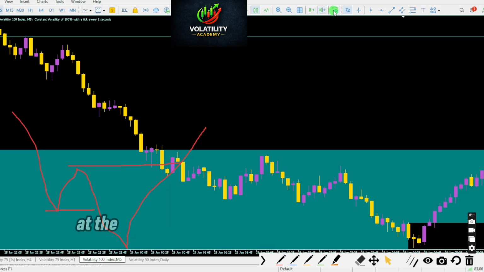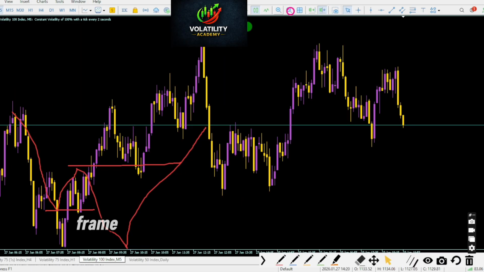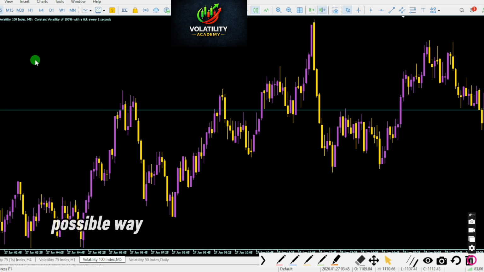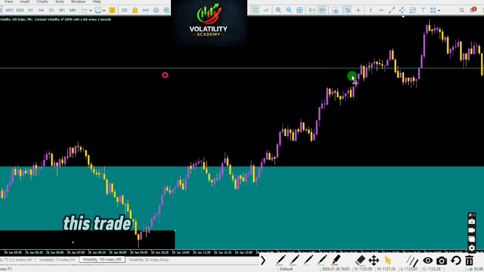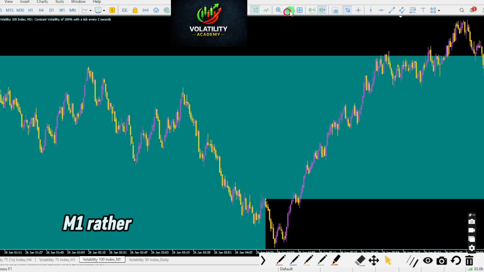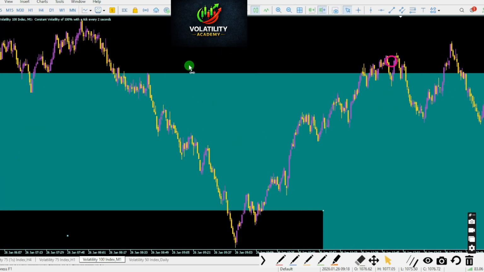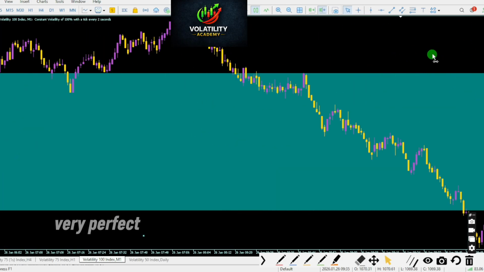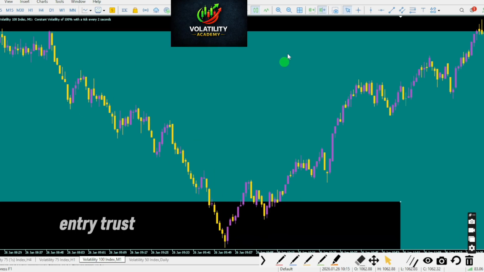Let's look at the M5 time frame. I'm just showing you a possible way you could have taken this trade. This is the M5. Let me use the M1 rather for a clearer view. Oh, perfect. Very perfect entry. Trust me, anyone who knows how to read market structure would have caught this trade very easily.